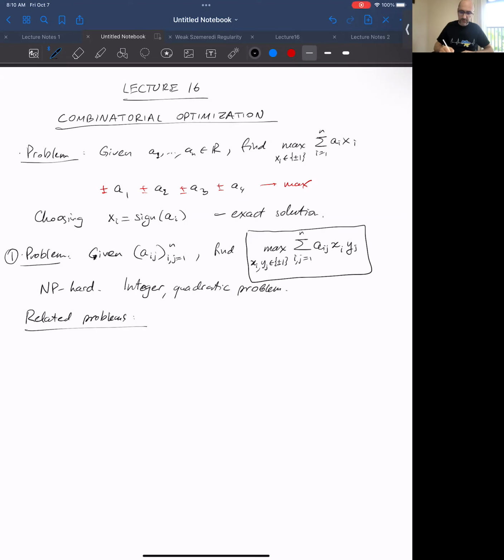How does this problem arise? First of all, if we let x be the same as y, so if we choose the same signs, so the xi's are plus or minus 1, then we have not a bilinear form, but really a quadratic form, sum of aij xi xj.